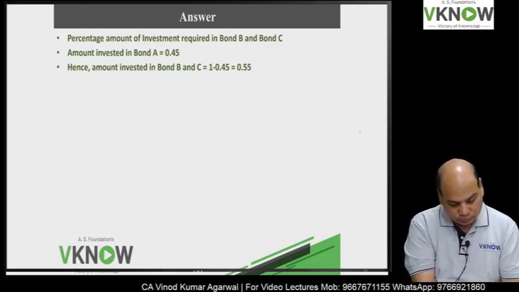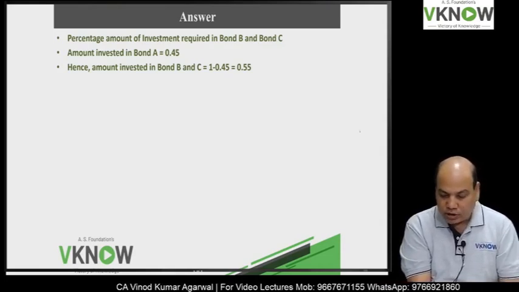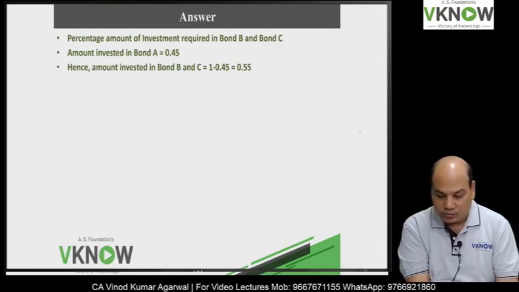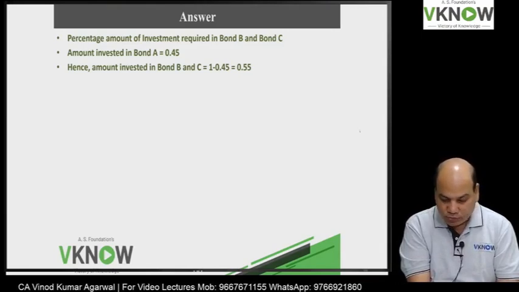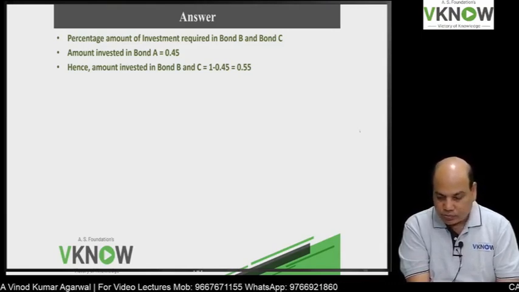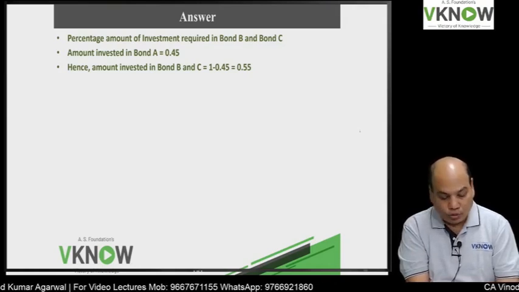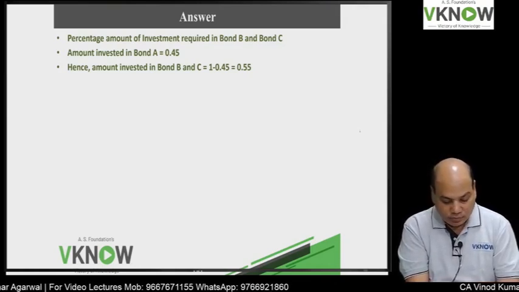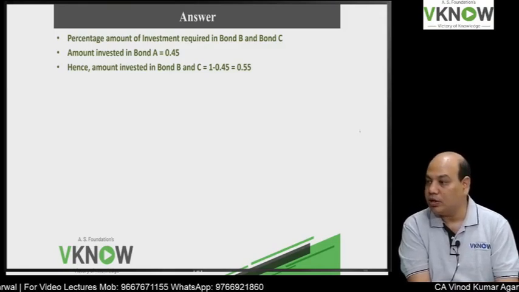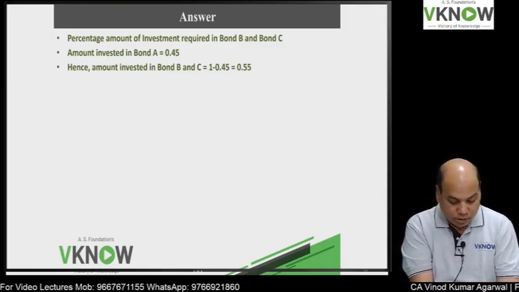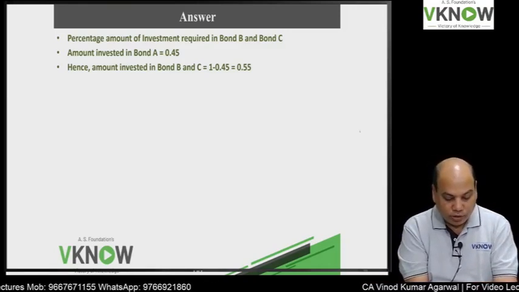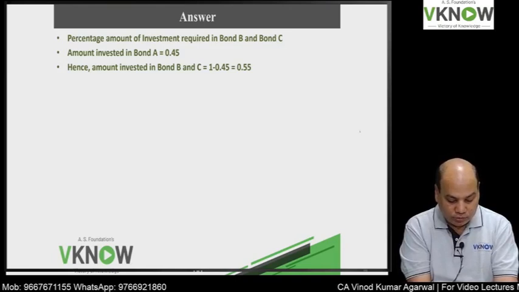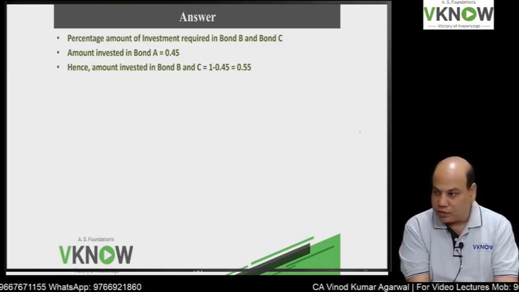Percentage amount of investment required in bond B and bond C. A very easy question if you go well prepared in the exam. Amount invested in bond A is equal to 0.45, which is given in the problem.